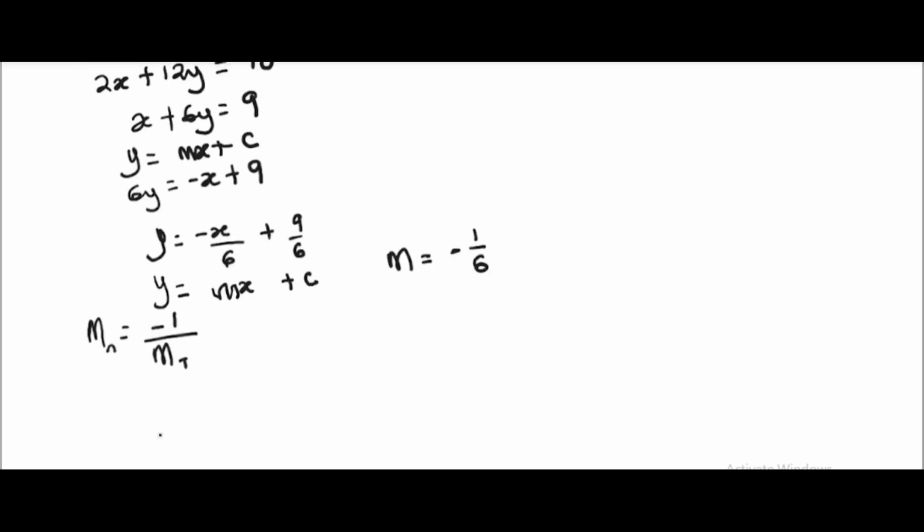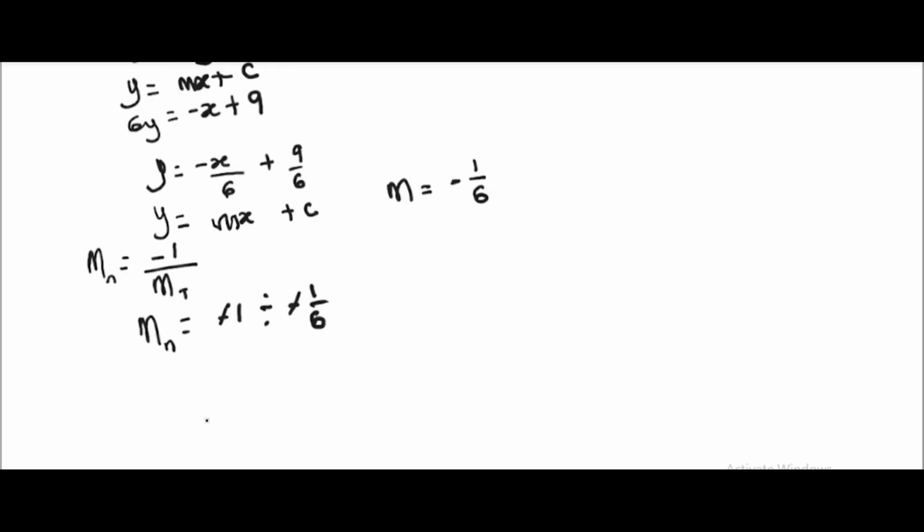So the slope of normal will be equal to -1 divided by what? -1 over 6. So first of all, the minus will cancel minus. Since we have division, if we change it to multiplication, we'll have 1 times 6 over 1, and that will give us 6.